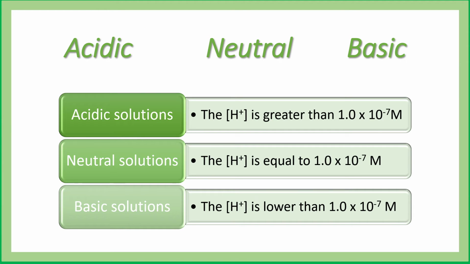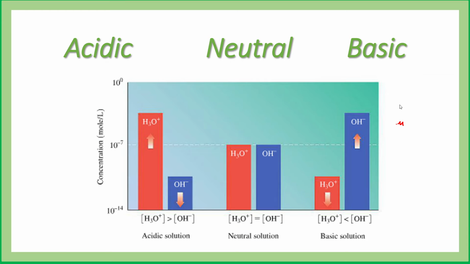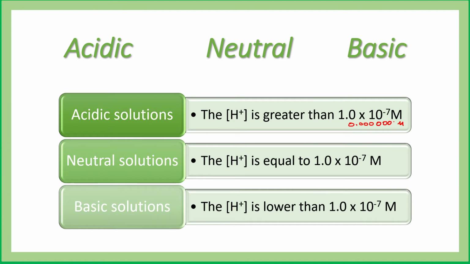In an acidic solution, the hydrogen ion concentration is greater than 1.0 times 10 to the minus 7. Remember, this number is 0.0000001 molar. So if the number is greater than that, it will be an acidic solution.